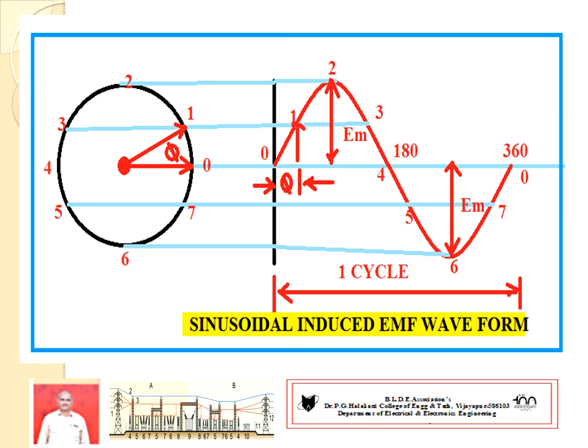This value is known as induced EMF at that instant. Hence this magnitude of induced EMF goes on changing with respect to time or with respect to theta. Hence it is also termed as instantaneous induced EMF.